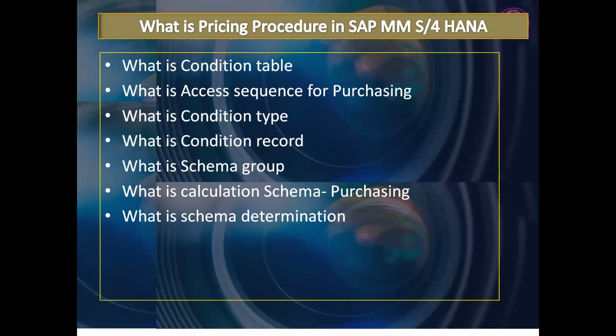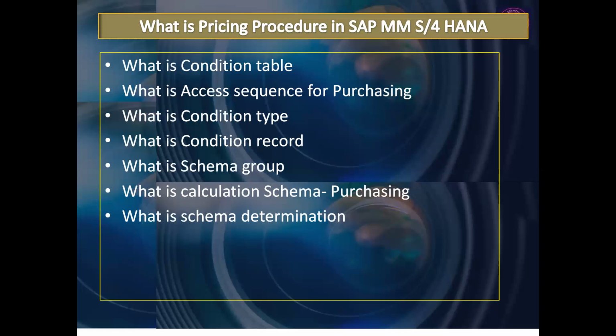The access sequence will then allow a search of all those three condition tables that we have created. We will see all this in the system, and maybe at that time we'll get more clarity, but I'm just giving an overview of our pricing procedure.